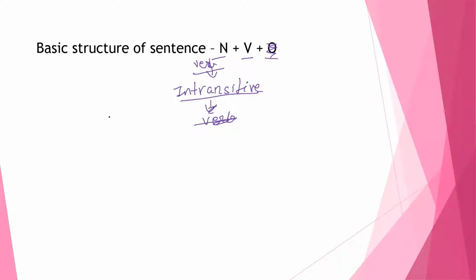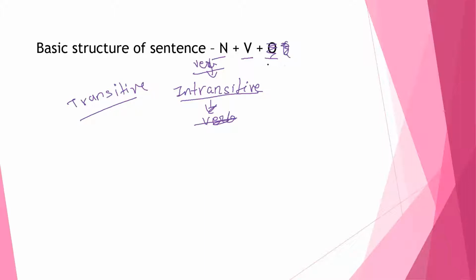There is one more type of verb which is transitive. Now, what is the difference between these two? A transitive verb will have an object in the sentence, but an intransitive verb will not have an object in the sentence.